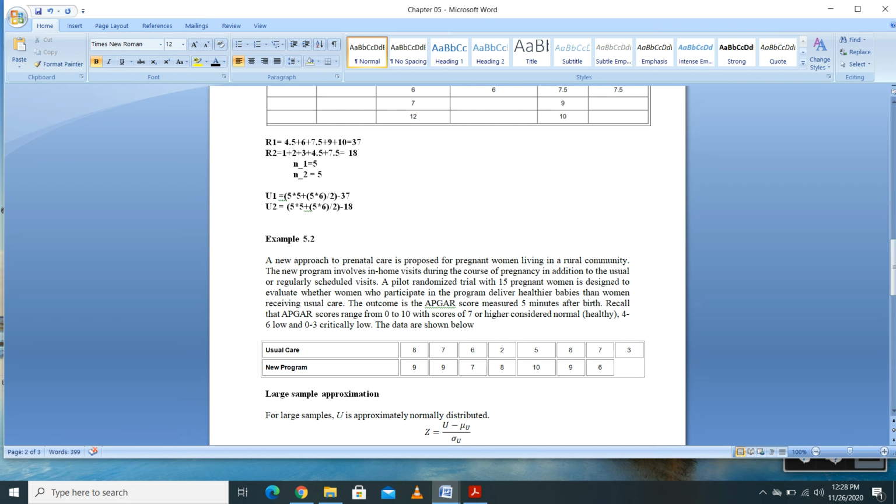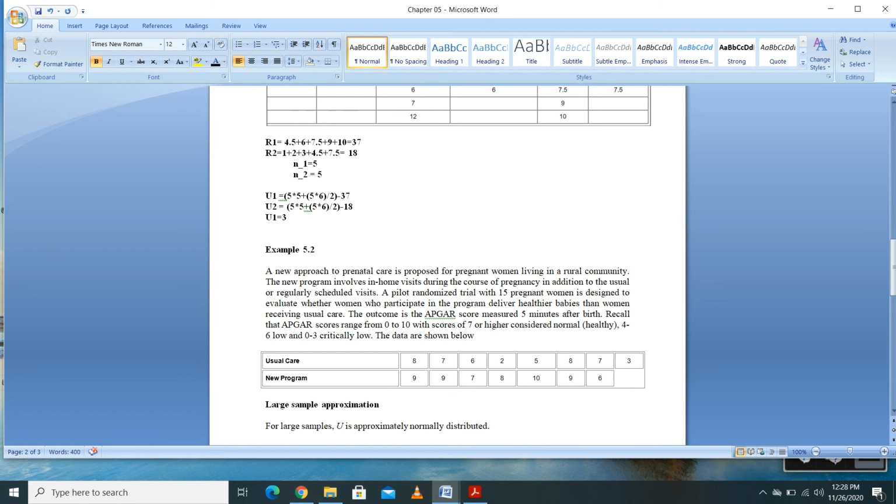So in this case, for U1 we have 25, and 5 into 6 is 30. 30 divided by 2 is 15. So 25 plus 15 minus 37, U1 you can calculate as 3.